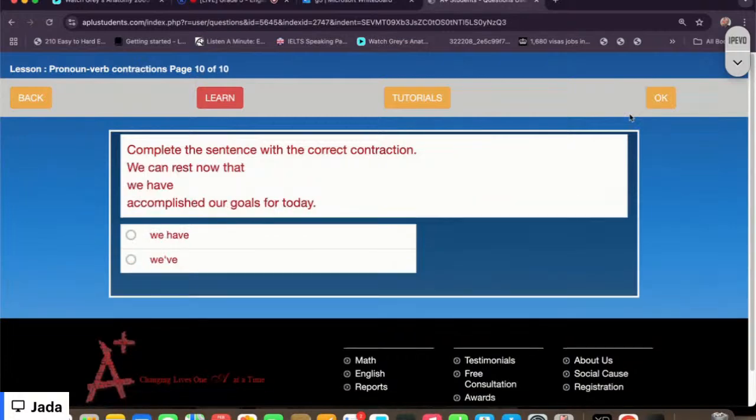Then we have the last. We can rest now that we have accomplished our goal for today. So, what is this one? And we have the last one.